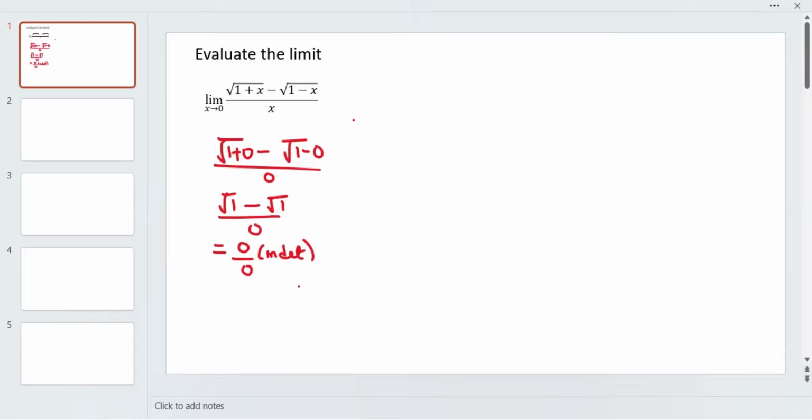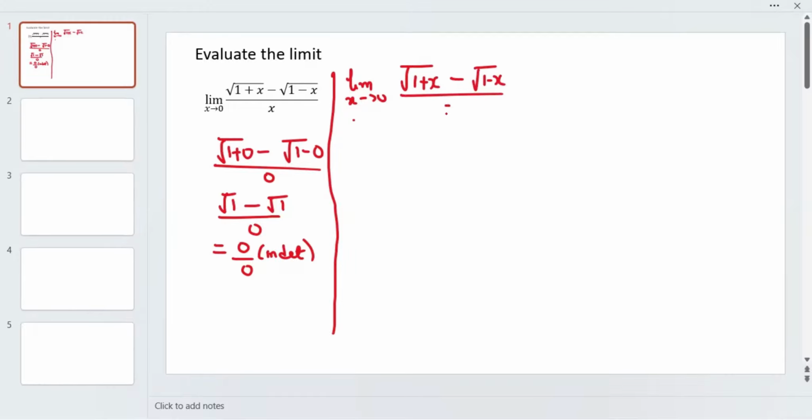And that is where the concept of limit by rationalization comes in. To solve this, we rationalize our function, be it the numerator or the denominator. So I'm going to do something like this: limit as x tends to 0 of square root of 1 plus x minus square root of 1 minus x over x.